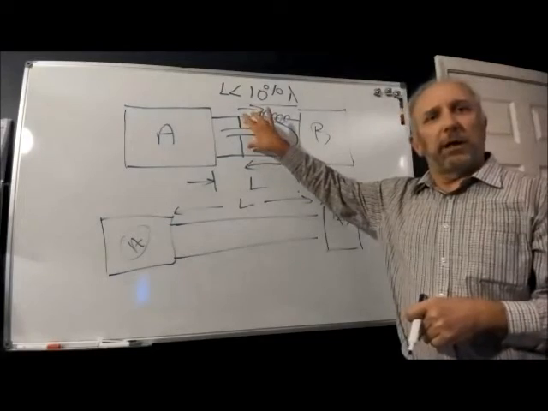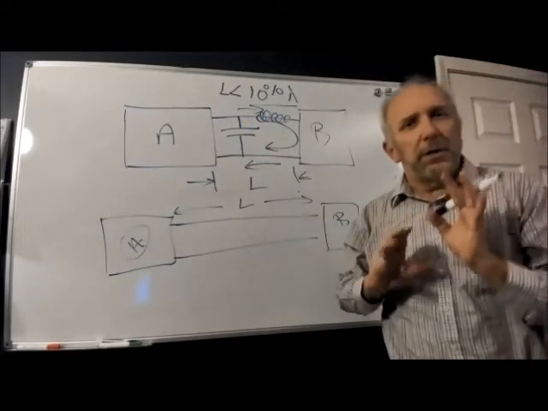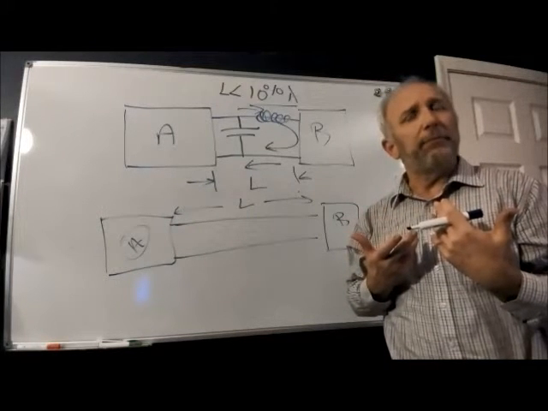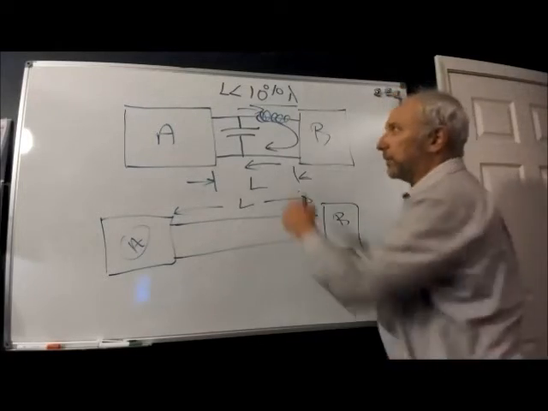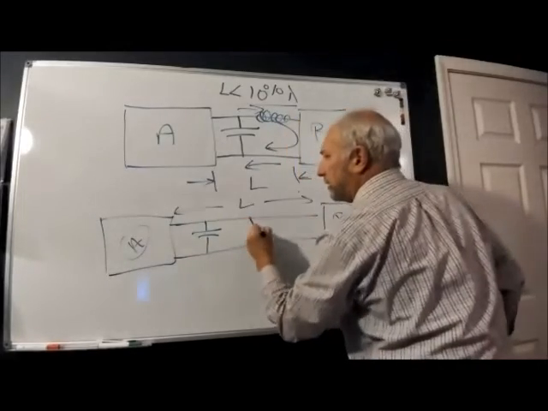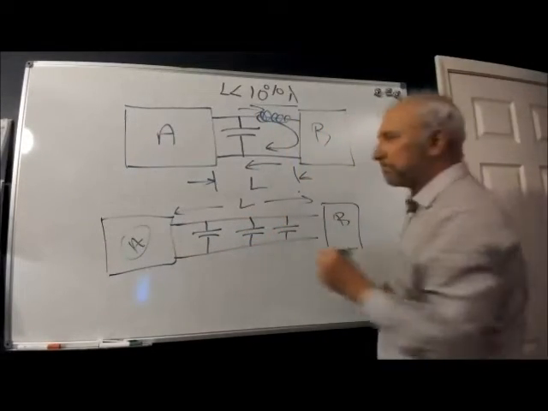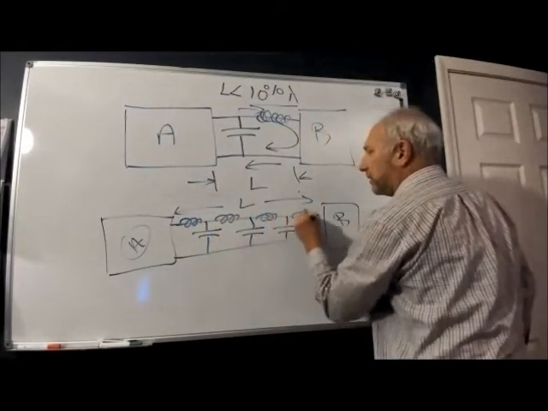This capacitance and inductance now is not represented by a lumped model. It's best represented by a distributed model. So we will take this capacitance and distribute it across this entire transmission line, and we'll take the inductance and distribute that.